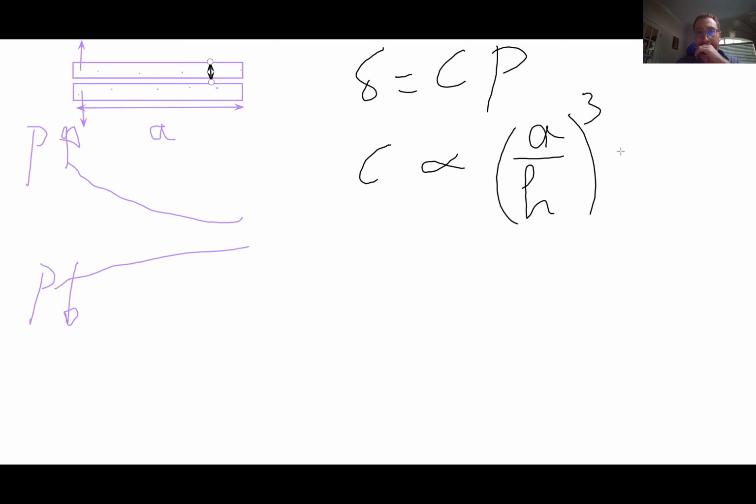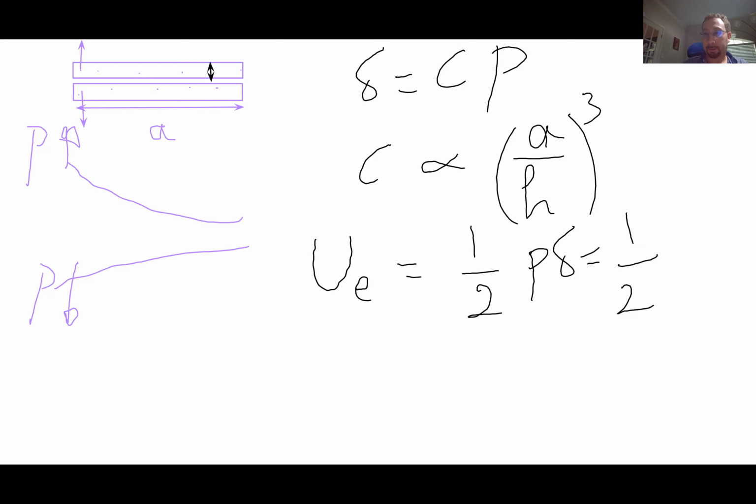Now, the energy stored in the material during this loading prior to any crack growth, I call it UE, which is the elastic energy, and it is going to be 1 over 2 P times delta, which is 1 over 2 C times P squared.